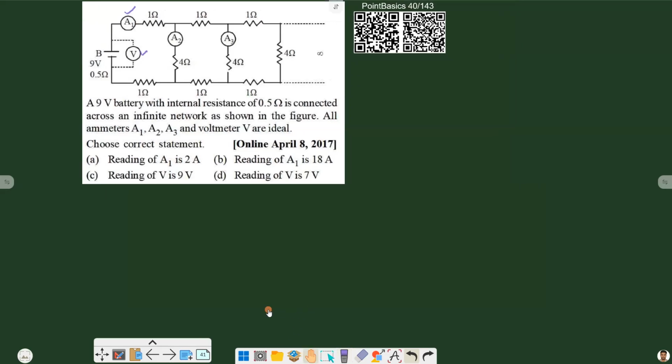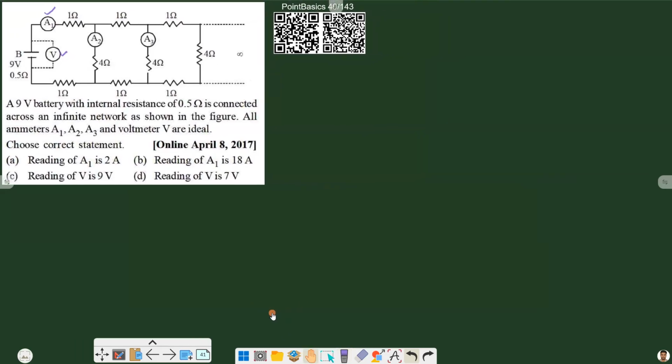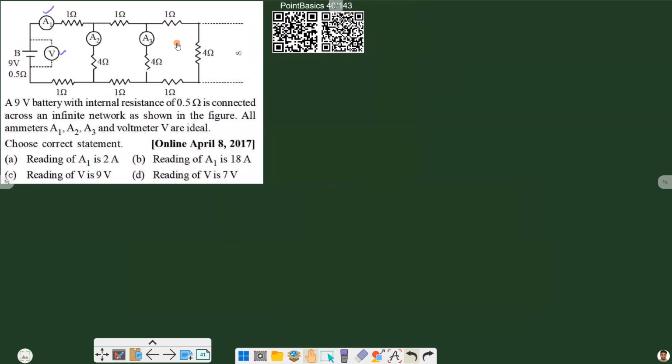Now, in these types of systems, when we get an infinite recursion of the same values of resistance, like here 1 ohm, 4 ohm, 1 ohm, 4 ohm, what we do is assume that the total resistance of the repeated system is equal to X. First of all, let's draw a simpler diagram of this circuit where we will only include resistances and not batteries.